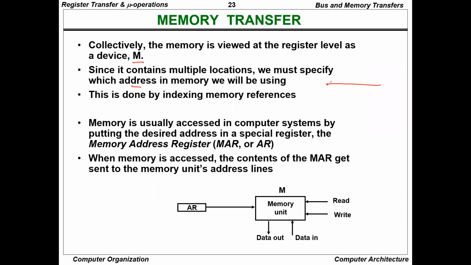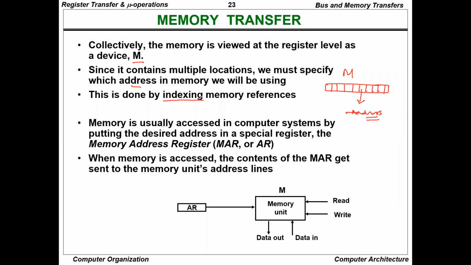If I am talking about memory, this is how the memory looks linearly. I can denote it as M. If a value is stored there, I also need to define the address where the value is residing. How do we do that? We do that by the concept called indexing. We have to index it and specify from where the value has to be picked up.